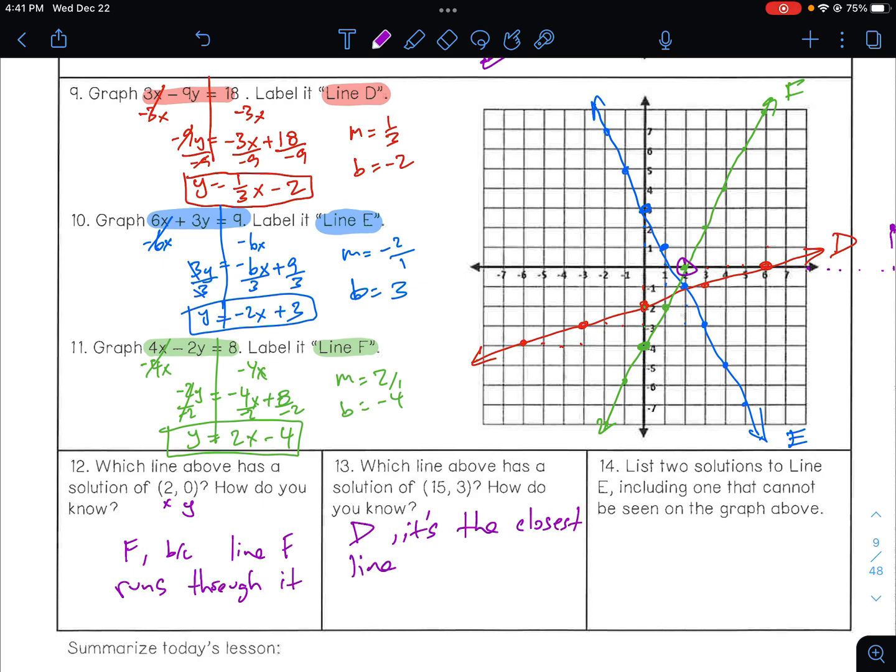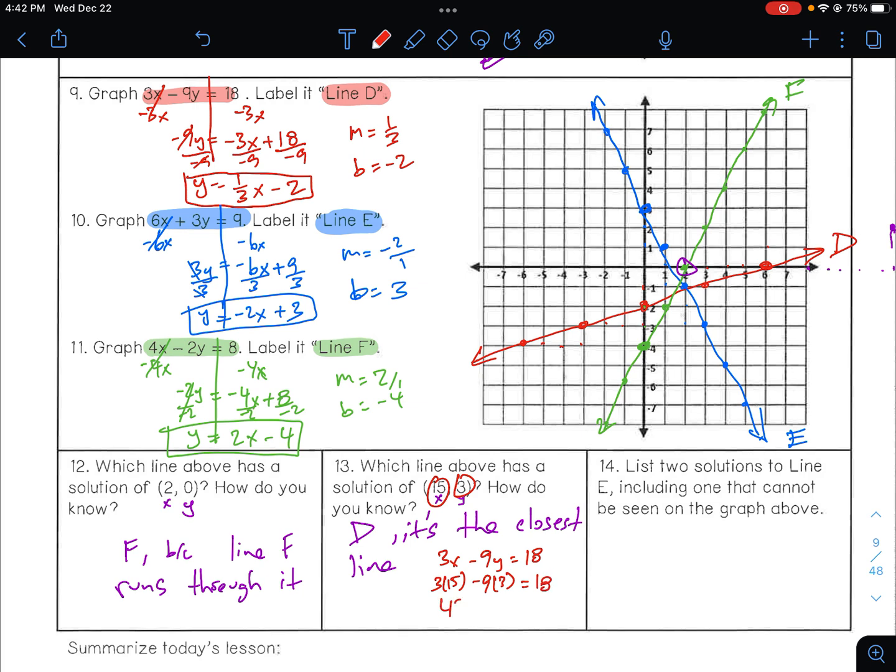Now, how can we prove it? Actually, we can prove it through substitution. If we go to line D and we substitute the numbers 15 for x and 3 for y, we can see if it's true. Line D is 3x minus 9y equals 18. And x is 15, so 3 times 15 minus 9 times 3 equals 18.